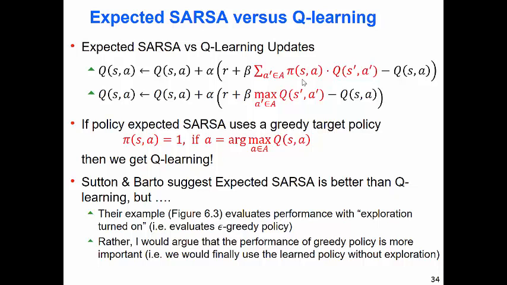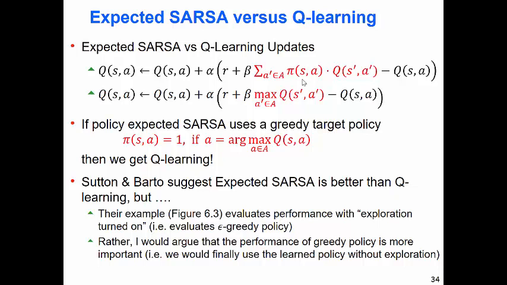Not to say they don't like Q learning, but they've got this figure in the book, 6.3, which is showing expected Sarsa doing better than Q learning. But if you look a little more carefully, what you see is that what they're plotting for performance is the performance of the algorithm with exploration turned on, right?